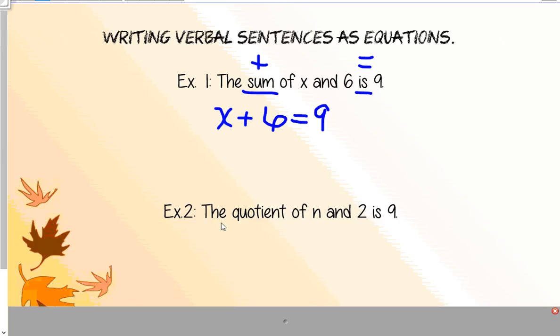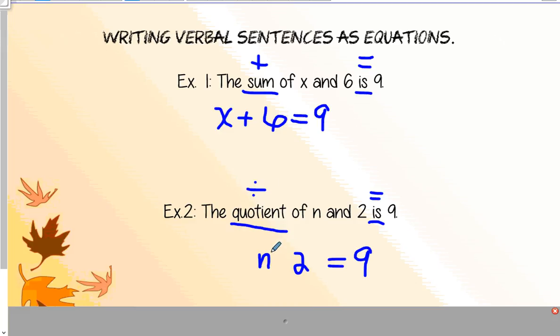Let's look at one more of those. I have the quotient of n and 2 is 9. I have "is" again, so I know I'm going to have equals 9. I have n and I have 2, and I'm talking about the quotient. If you remember from our vocab, the quotient is the answer to a division problem.